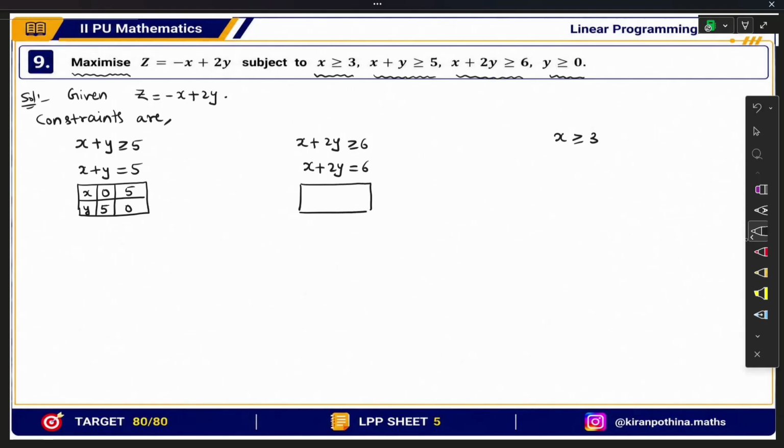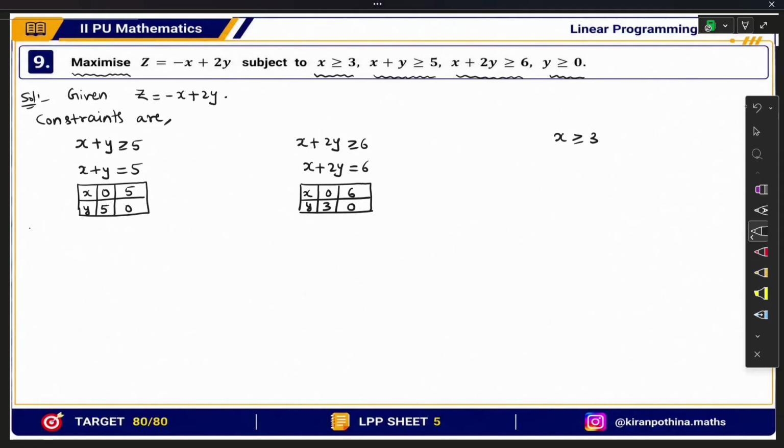For this also I will draw the table. When x equal to 0, y value is 3, and when y equal to 0, x value is 6. Now for the third equation, no need to find points like this. I will tell you how to write the sentences for this type of inequalities.